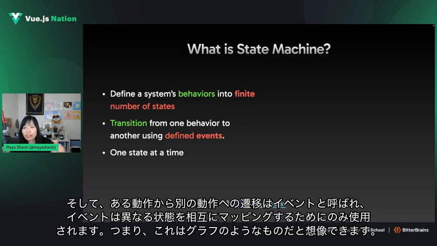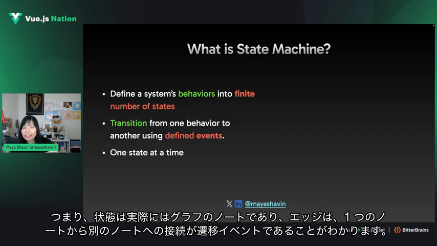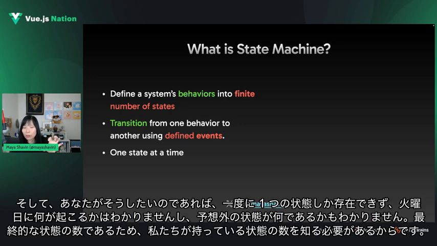We only use events to map the different states to each other, which means, as you can imagine, it's like a graph. The state is actually the node of the graph, and the edge, which is the connection from one node to another node, is the transition event. And because you do it one-to-one like that, we can only be in one state at a time. There's no way that we are in two states, and there's no way that we are in any state that we don't expect, because it's a finite number of states.